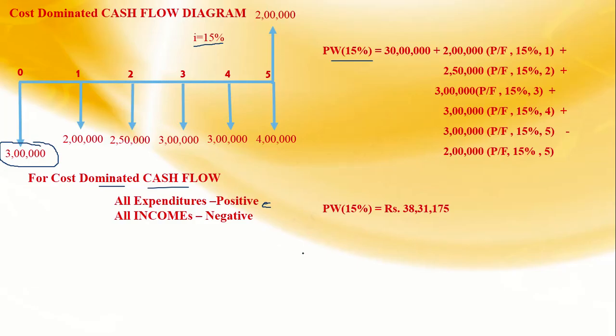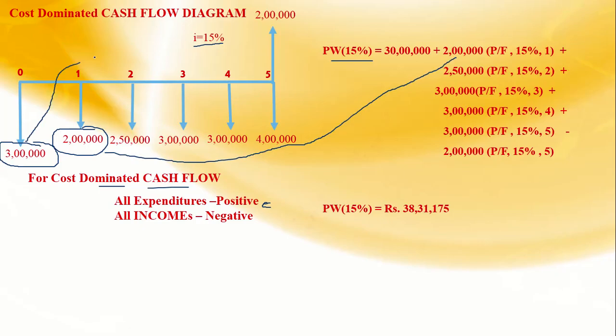So 30 lakh plus, for first year, second year, third year, up to fifth year, you have to solve for this because every year they have a different value: 2 lakh, 2.5 lakh, 3 lakh, 3 lakh, 4 lakh. So every year their maintenance cost is varied.